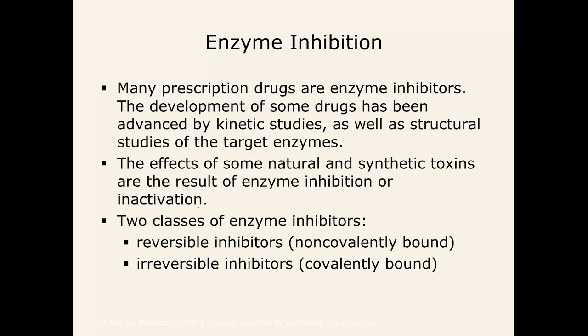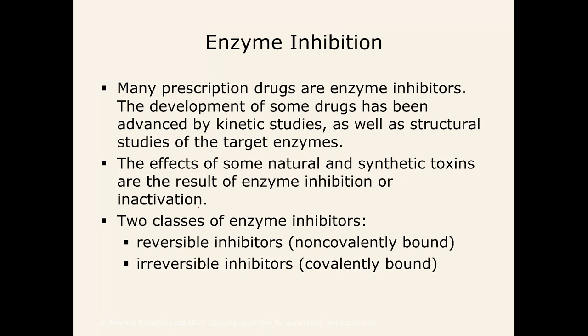Okay, our last section is going to be enzyme inhibition. This is a very important topic because we don't always want enzymes to be going at full speed. There are going to be times in glycolysis, the Krebs cycle, and metabolism when we want to slow an enzyme down. We don't want it to make product. And then there are times when we want it to make product.